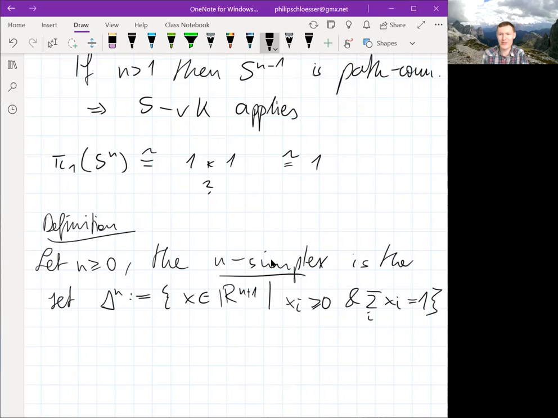I guess the other definition just has them be a subset of Rn, and then says the sum should not be equal to 1, but smaller than or equal to 1.